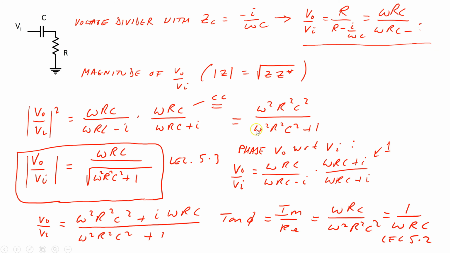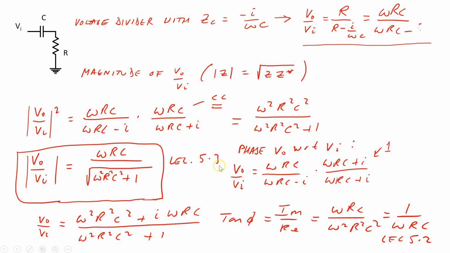The bottom gives us omega squared R squared C squared, and then we have a plus omega RC i and a minus omega RC i which cancel, and then a minus i times a plus i, which is minus 1 times minus 1, which is plus 1. So here's the expression then for V out squared divided by V in squared. If we take the square root of this expression, omega RC over the square root of omega squared R squared C squared plus 1, we recover the expression that we presented without proof in lecture 5.3.